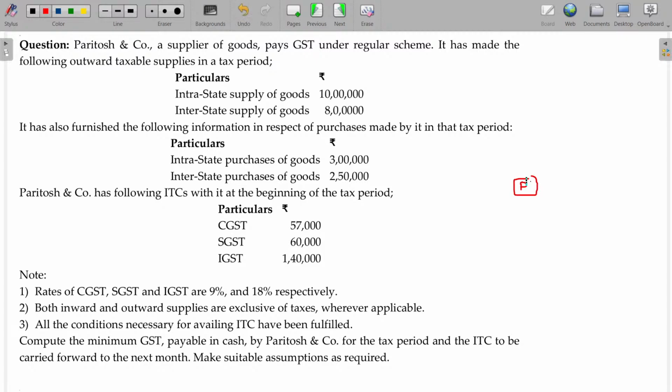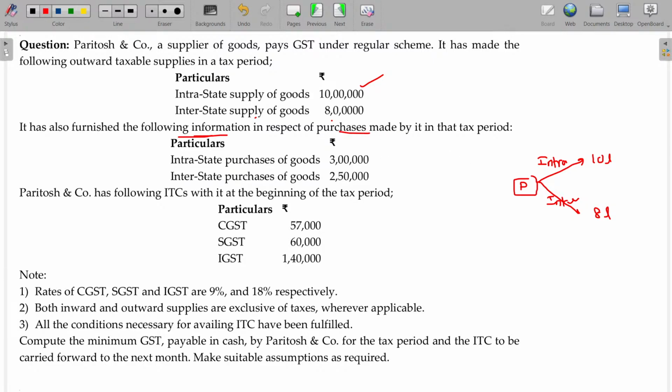Paritos. Intrastate supply being 10 lakhs, interstate supply being 8 lakhs. It also furnished the following information in respect of purchases made.